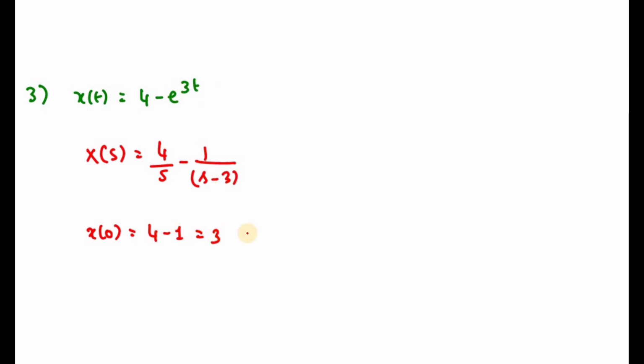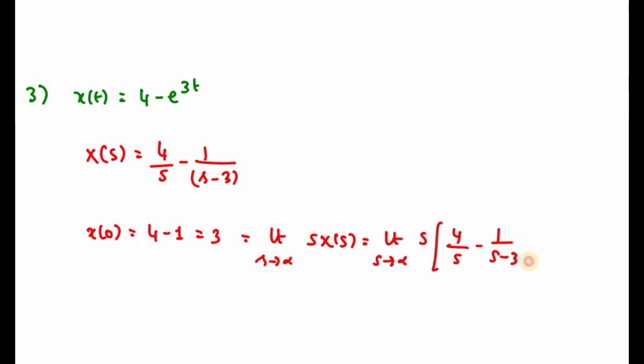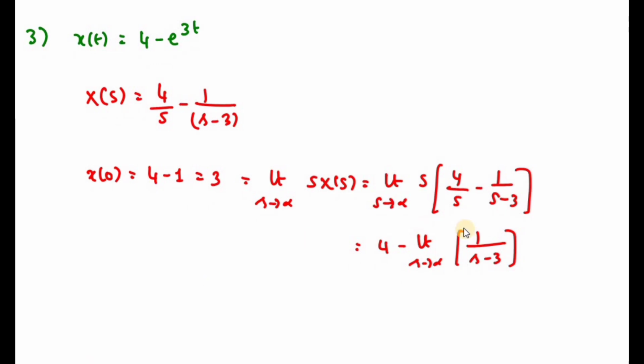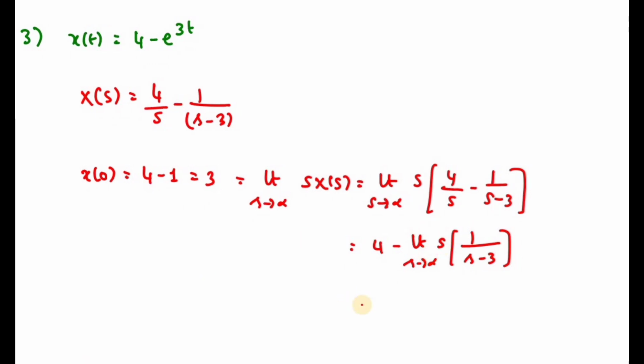So let me verify this one. When I substitute limit s tends to infinity s into X(s), I will get limit s tends to infinity s into (4 divided by s minus 1 divided by s minus 3), right? So I can take the 4 common: limit s tends to infinity, 1 divided by s minus 3 into s, right?